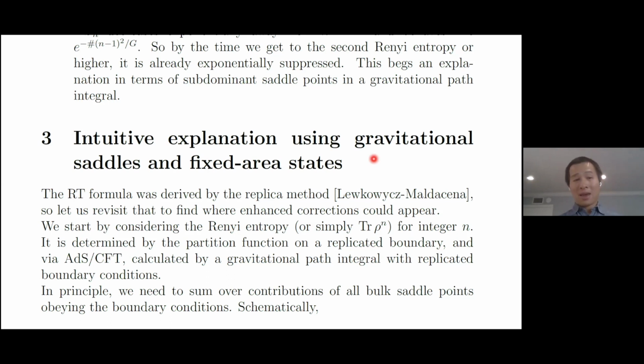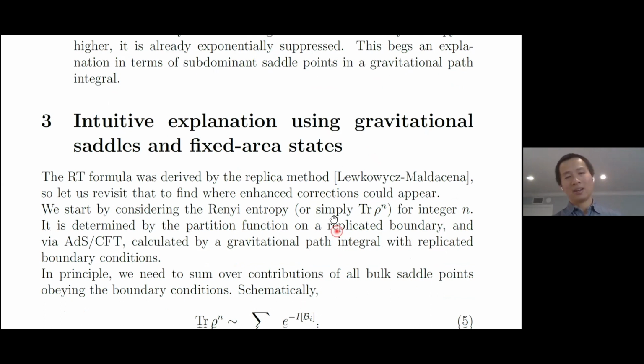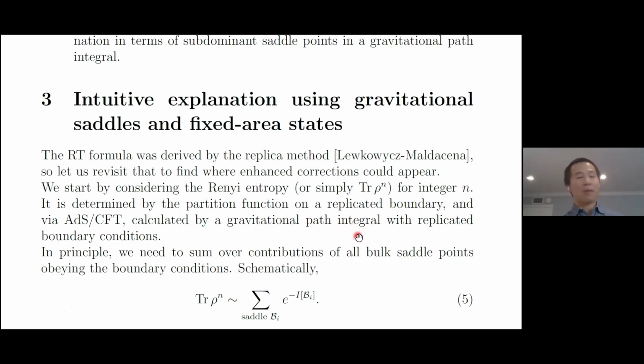So we will start by considering the Rényi entropy, or simply trace rho to the n for integer n. The standard story is that this is determined by a partition function on the replicated boundary, and then by using AdS/CFT, calculated by a replicated gravitational path integral. In particular, for every integer n, we need to calculate this gravitational path integral by summing over contributions of all bulk saddle points obeying the replicated boundary condition.